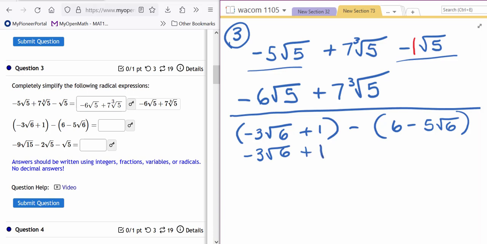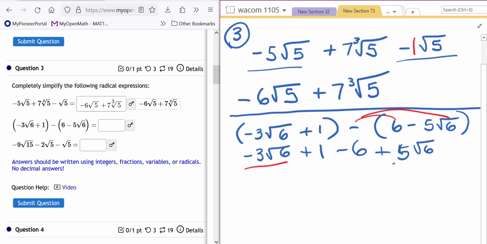For the next one, this minus distributes to both. So we have minus 6 and plus 5 square root of 6. And now we can put together. So these two are like radicals.